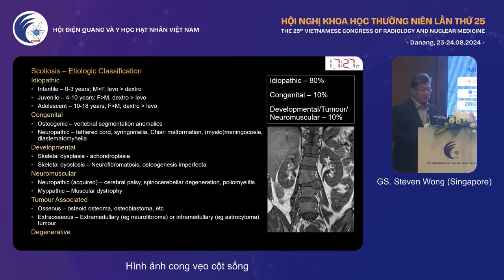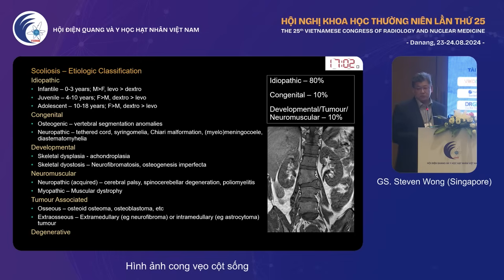Etiology: idiopathic is the most common, then congenital. There's also developmental, patients with dysplasia, achondroplasia, neurofibromatosis, patients with neuropathic or myopathic problems, muscular dystrophy, muscle wasting, and also those with tumor or infection.